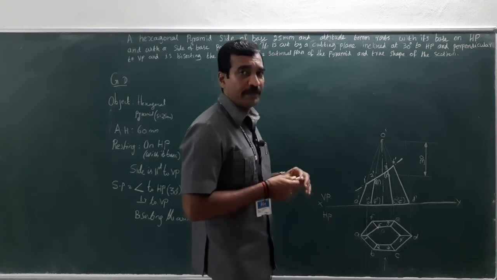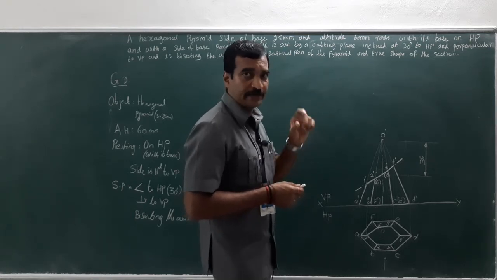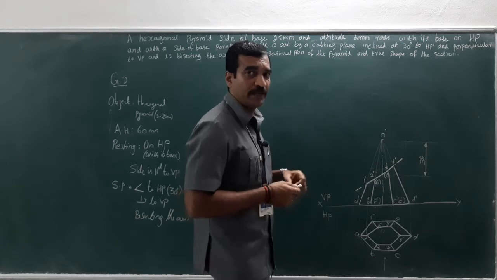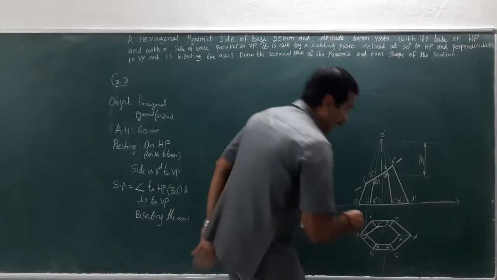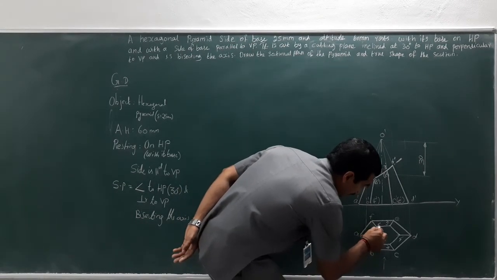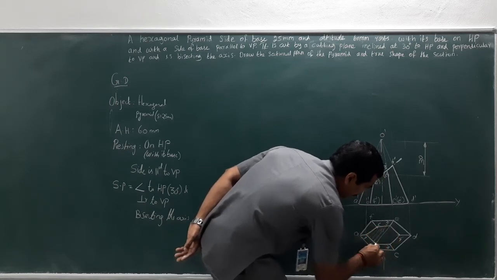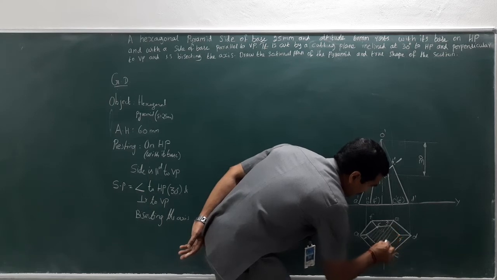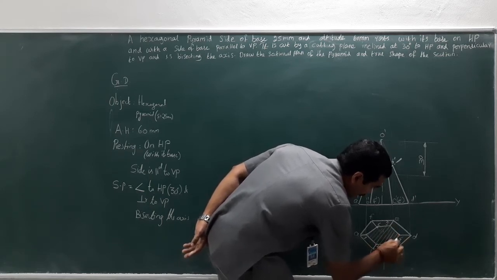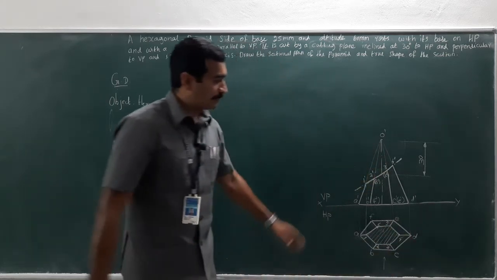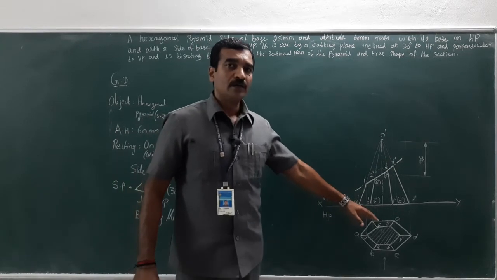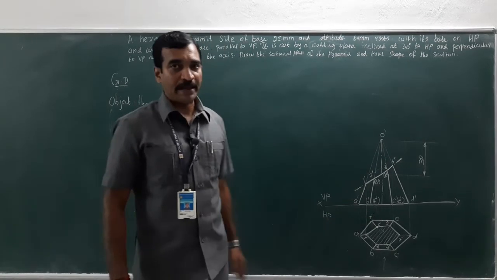So hatching line should be at 45 degree and the gap between two lines should be 1 to 3 mm, right? At 45 degree, start drawing the lines of gap 3 mm, right? This is nothing but the sectional top view or sectional plan.